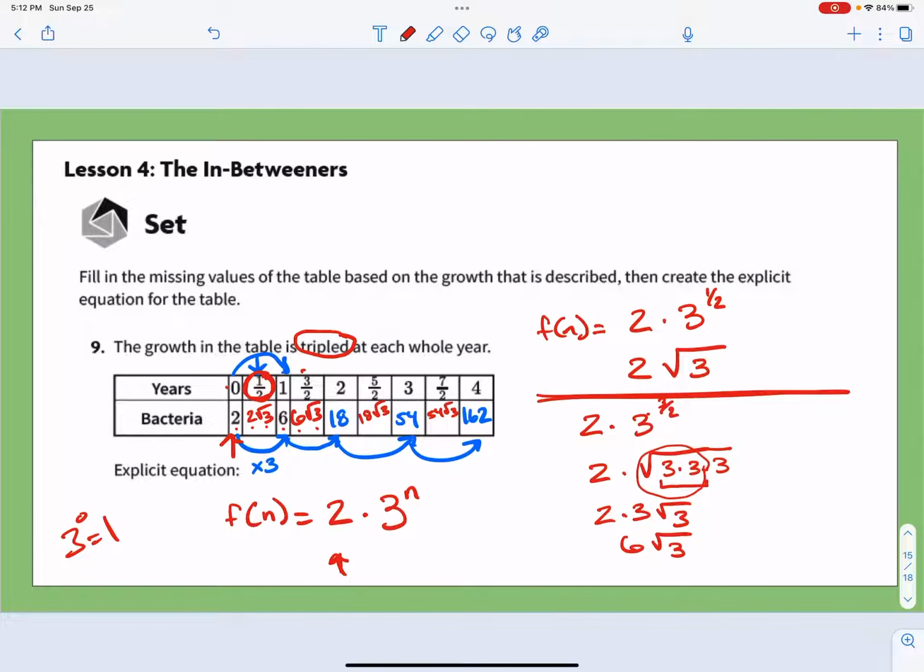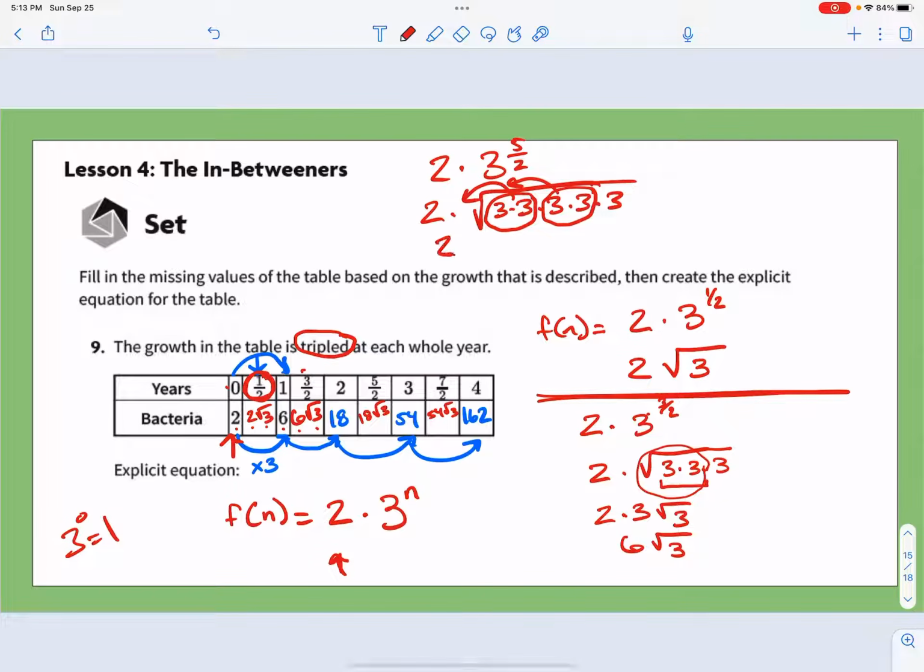We could try it real quick and take a look at 5 over 2. So that would be like doing 2 times 3 to the 5 over 2 power, which is 2 times the square root of 5 threes. 1, 2, 3, 4, 5. And by doing that, when I have a group like that, and I find a partner or a match, I can now pull them outside of the radical.